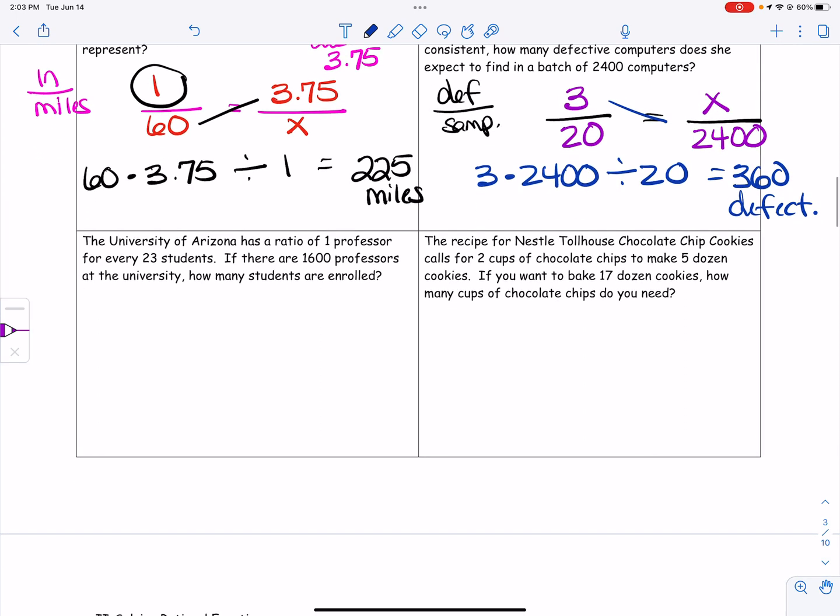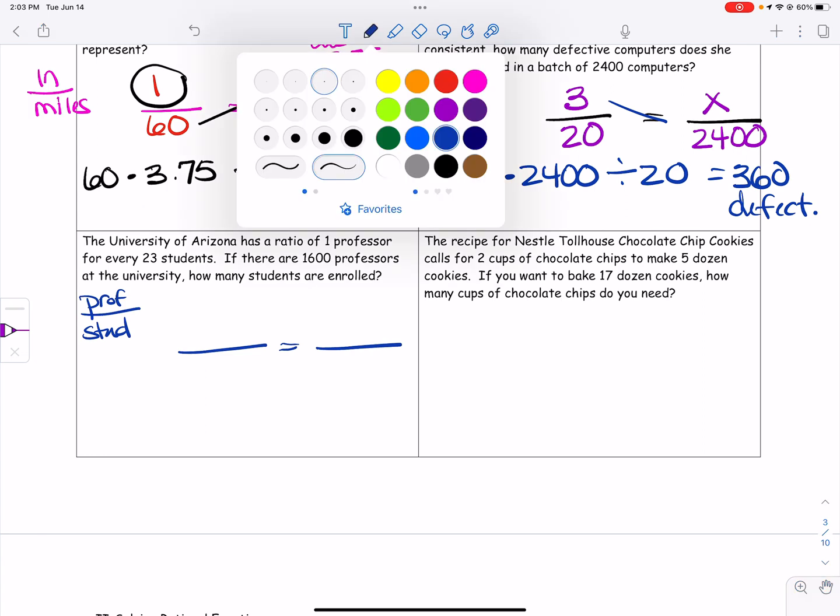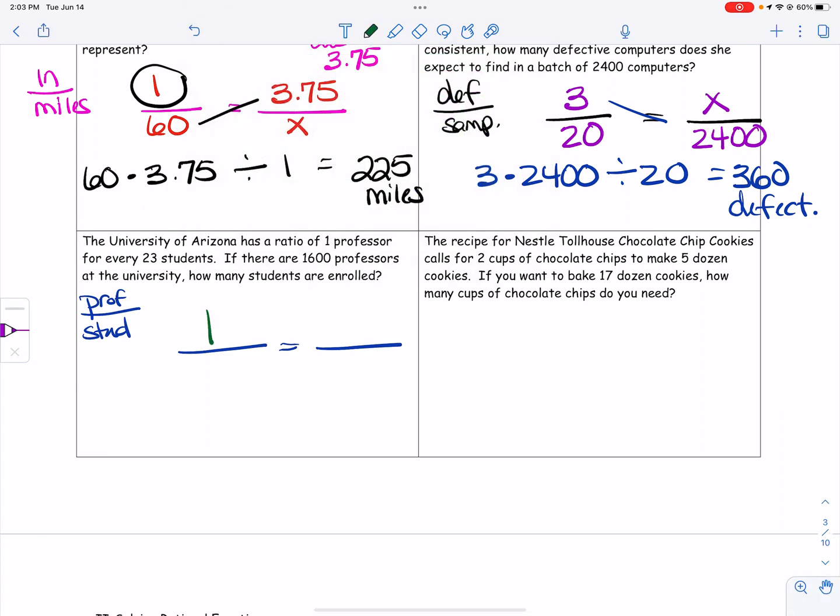Okay. All right. The next one, we've got a professor to students. So I'm going to say professor to students. I'm going to go blank equals blank. It tells me that there is 1 professor for 23 students. If we have 1,600 professors, we want to know how many students.